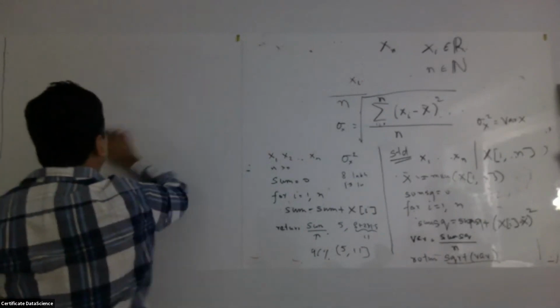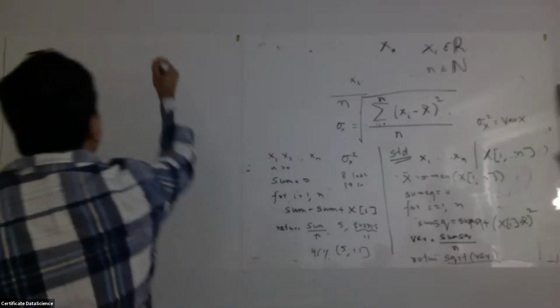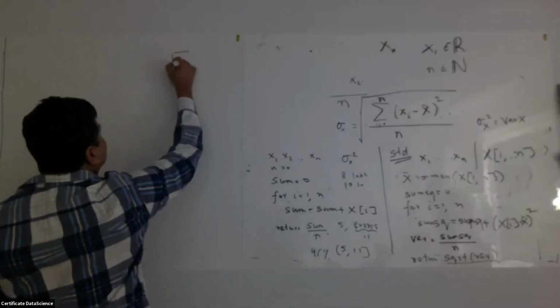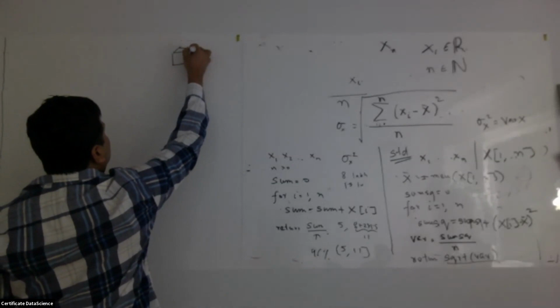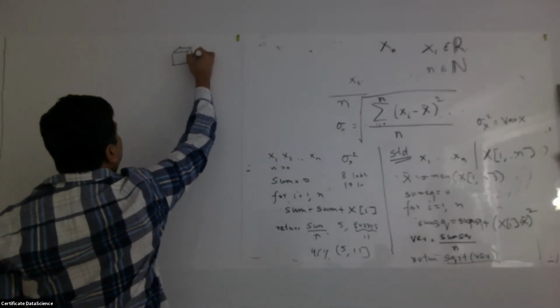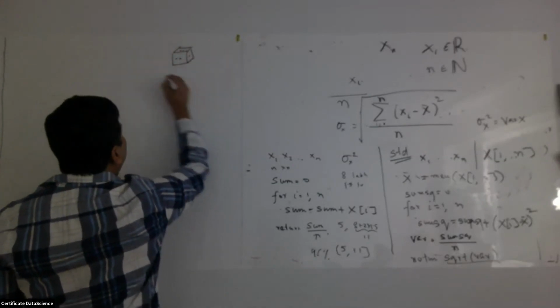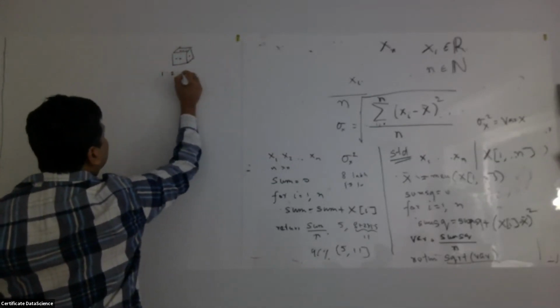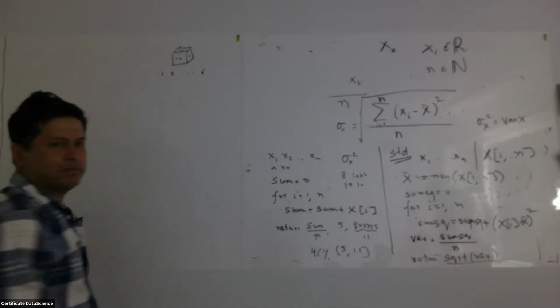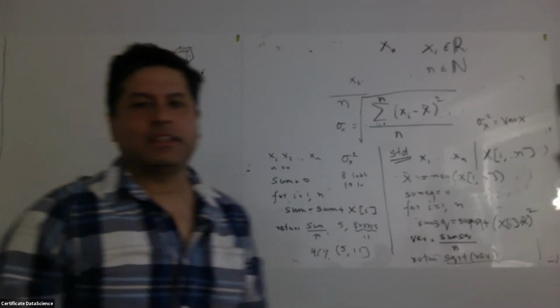Suppose you have a die, it has 6 faces: 1, 2, 3, and so on. If you roll a die randomly, you will get any of these numbers, up to 6.